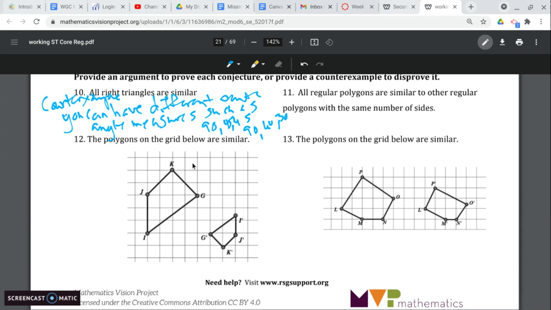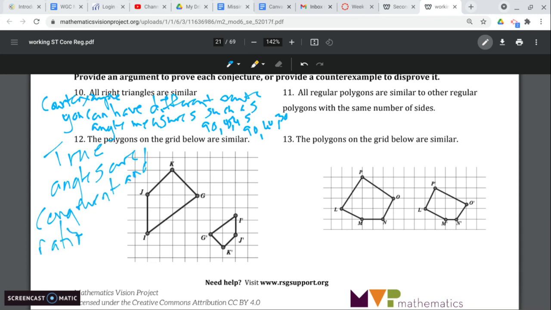All right, the polygons on the grid below are similar. So do the angles all look the same? Yeah, the angles all appear to be the same. If we tested it out, we would find that yes, indeed, they are all the same, which means that this is true. Angles are congruent and ratio of sides the same.